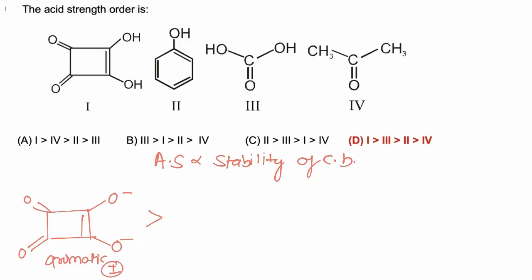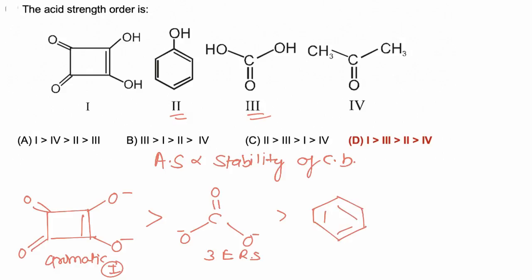So the first is most acidic. Now out of carbonic acid and phenol, which is also called carbolic acid, carbonic acid will form 3 equivalent resonating structures, hence it will be comparatively less acidic than squaric acid but more acidic than phenol. Now the phenoxide ion is only involved in resonance but no equivalent resonating structures are formed.